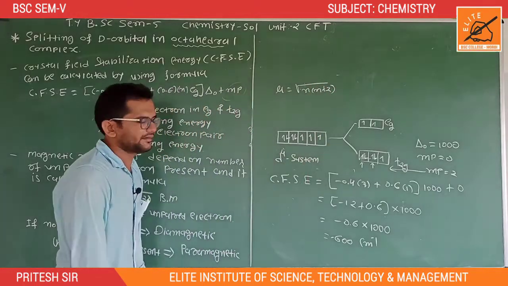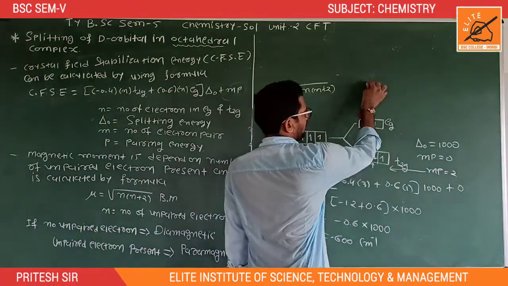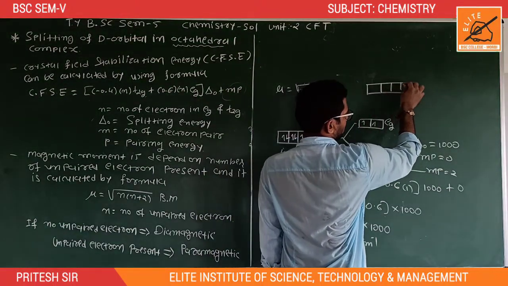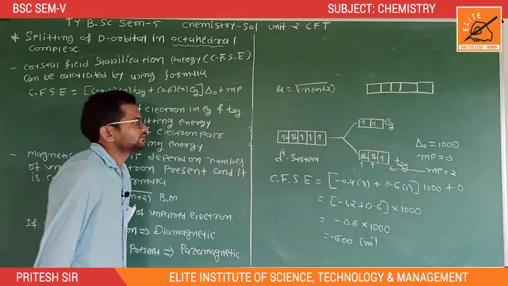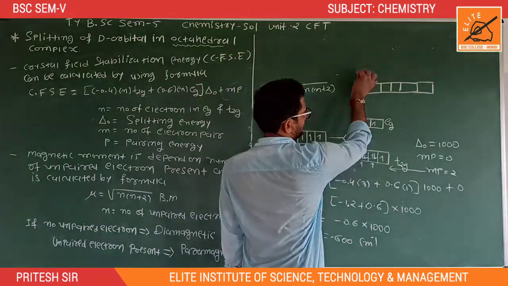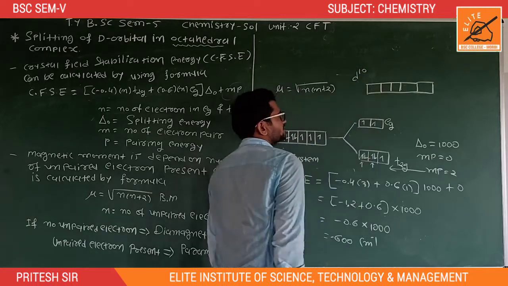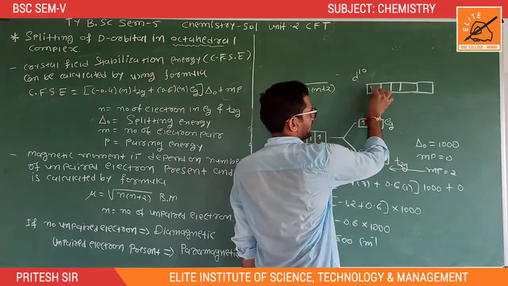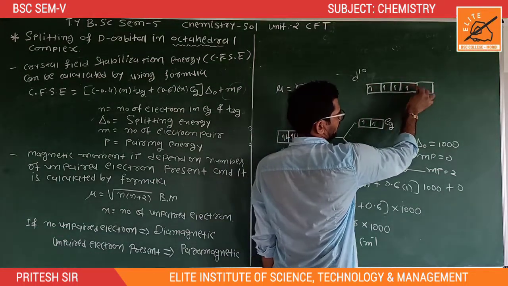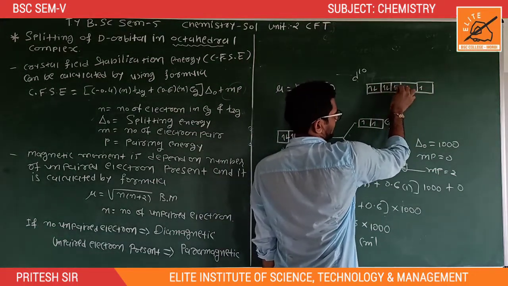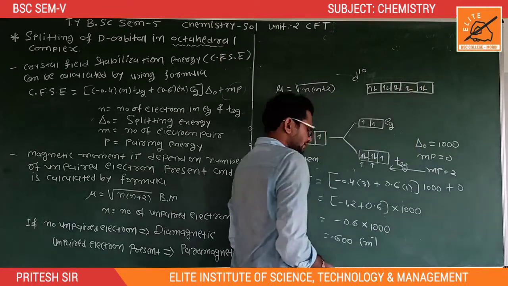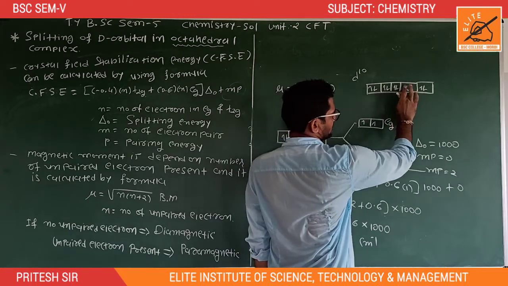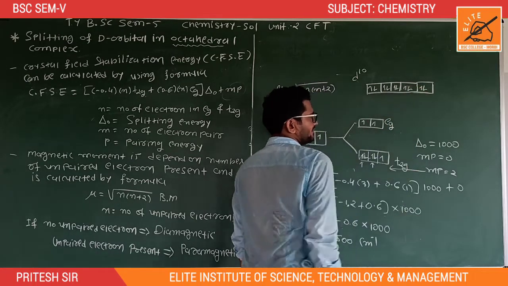Okay. Suppose I take a d10 system. A d10 system means 10 electrons are present in the d orbital. At that time, first, second, third, fourth, fifth, 6, 7, 8, 9, 10. It means all these electrons are paired, so no unpaired electron is present in this case.